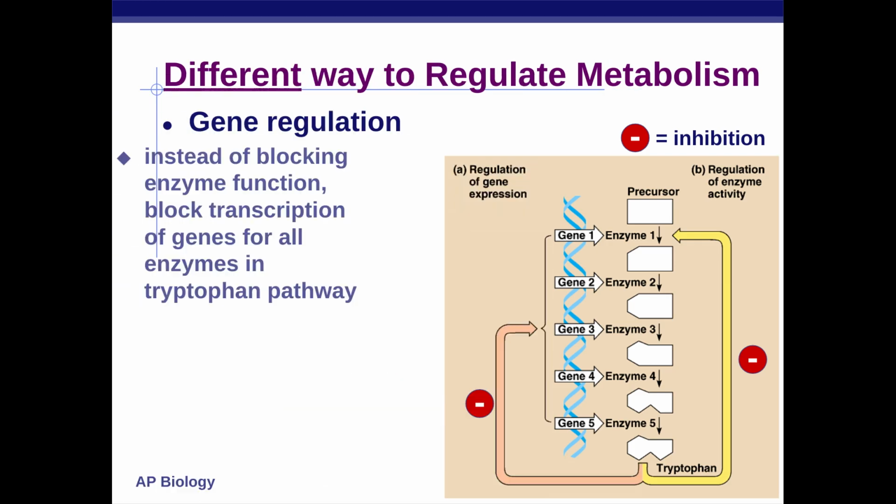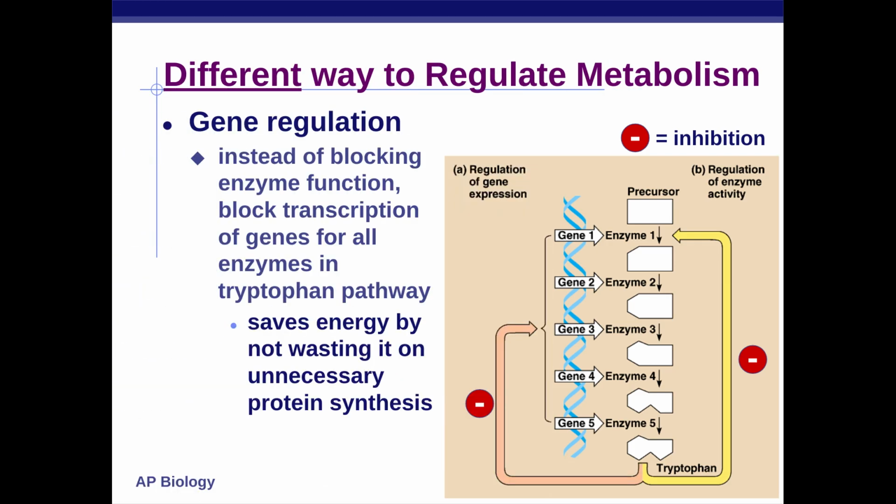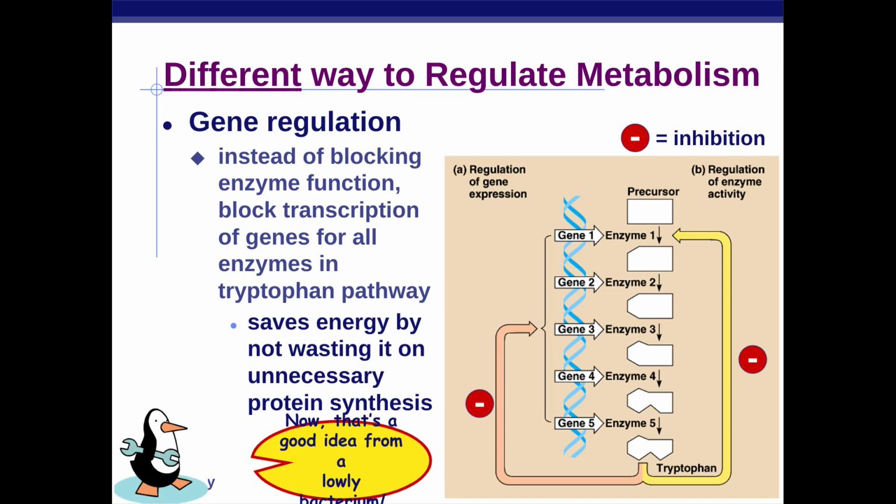And the other way of doing this, which is probably actually more efficient, is gene regulation. So here what happens is the entire series of genes, or all the genes that are required for the pathway for making the product, are shut off so that there is no transcription and you're not wasting any energy in that process or translation therefore.